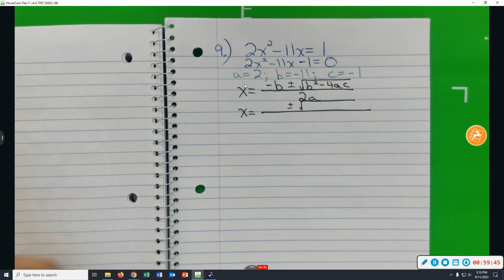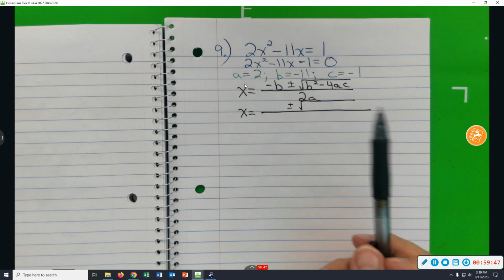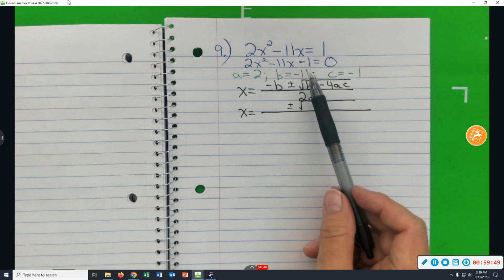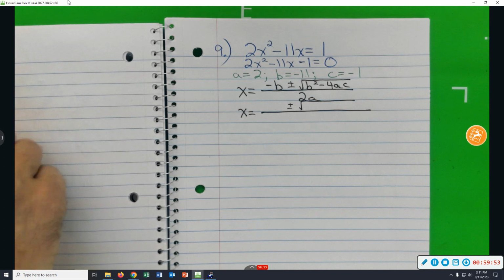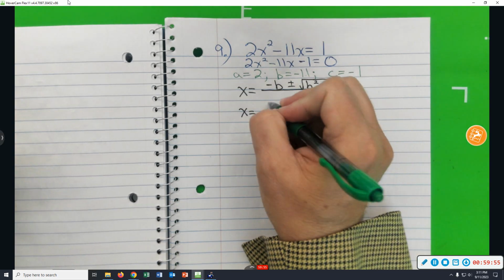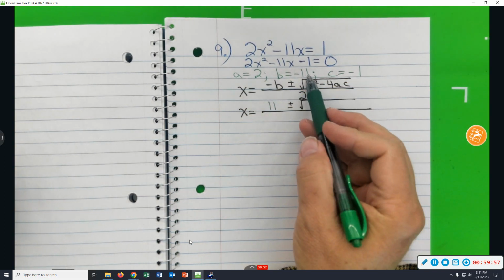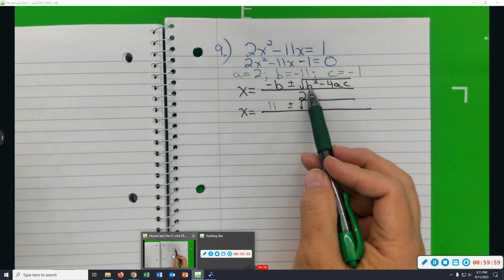Negative b, the opposite of negative 11. What's the opposite of negative 11? A positive 11. Just change the sign on b. That's what that's saying.